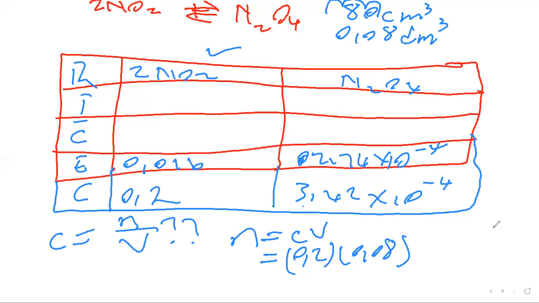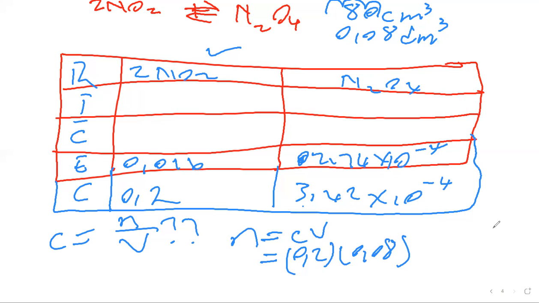N2O4 concentration is 3.42 times 10 to the power negative 4.